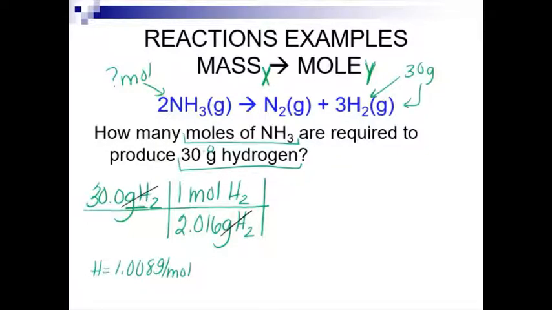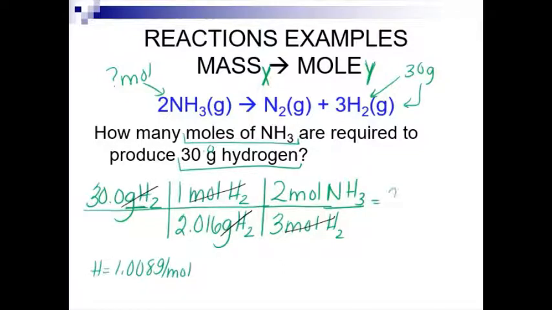So now I have moles of hydrogen, and I want to go to moles of ammonia. Well, that's the mole ratio. So moles of hydrogen. There's 3 moles of hydrogen for every 2 moles of ammonia. Before I pick up the calculator, I'm going to go ahead and make sure my moles cross, and they do. So now it's time to calculate.